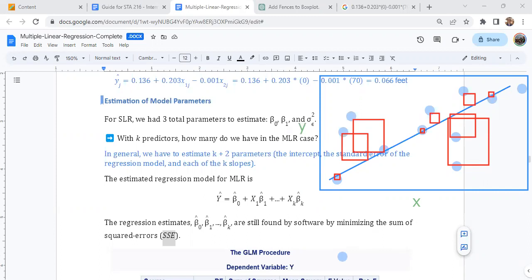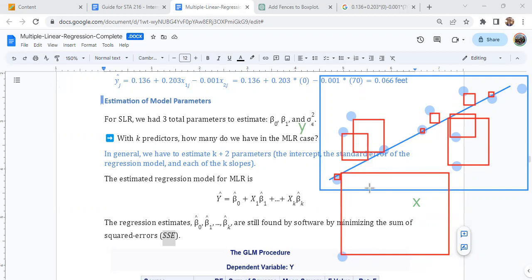How's that square going to look? What's the square of the residual for this point going to look like? It's going to be huge. It needs to be a square, not a rectangle. Here's the penalty, the amount of error that this single point is contributing.